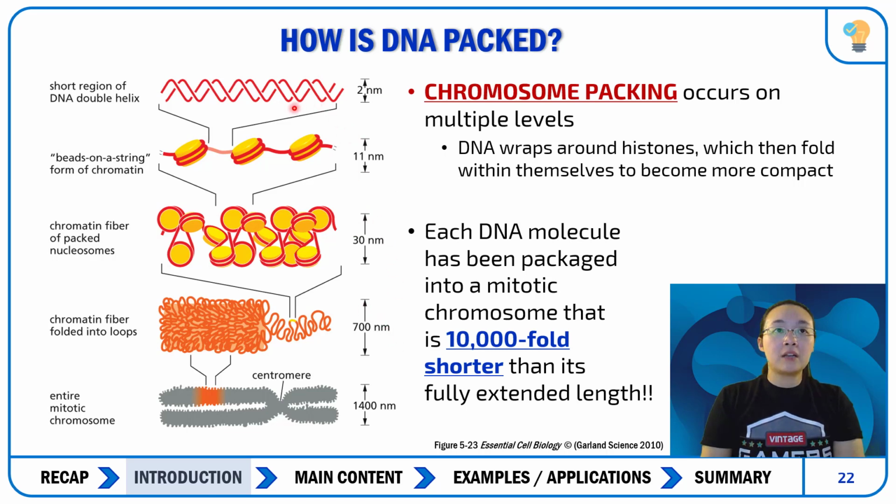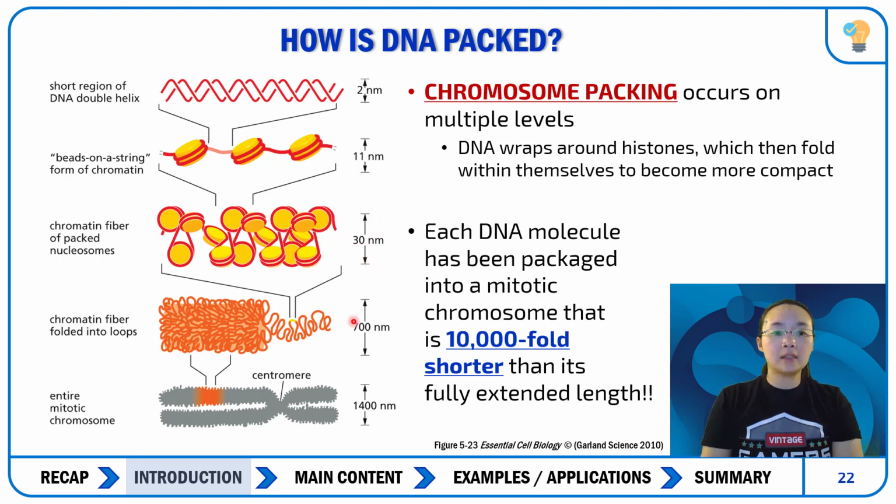So DNA first wraps around some histone molecules. And then those histone molecules are going to fold in within themselves to create a chromatin fiber of packed nucleosomes. So each one of these is called a nucleosome. And now you have something that's thicker. So this packed nucleosome structure is going to be approximately 30 nanometers in width.